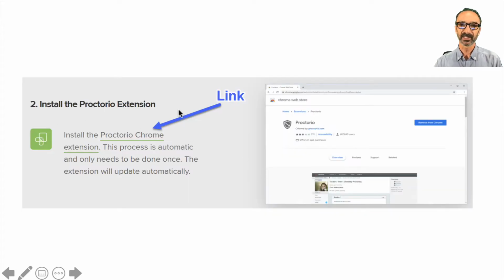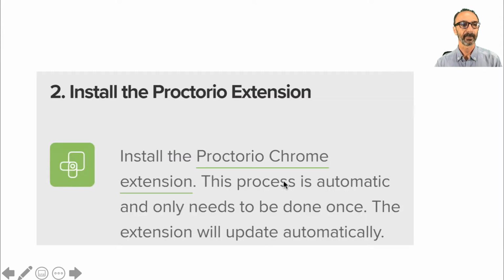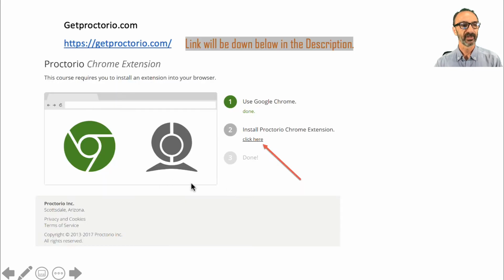Install the Proctorio extension. On that web page, this instruction is underlined, so you can click on it. It's a link. Install the Proctorio extension. That's right here, and we are here. You can click here and it takes you to this page.